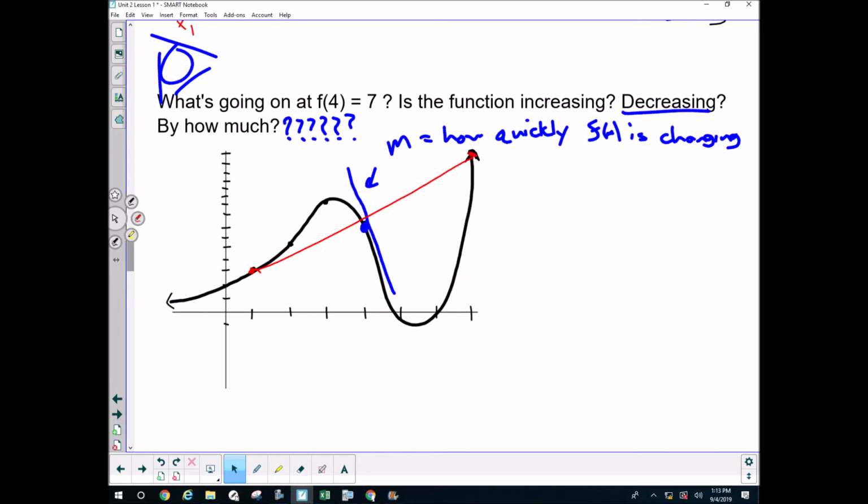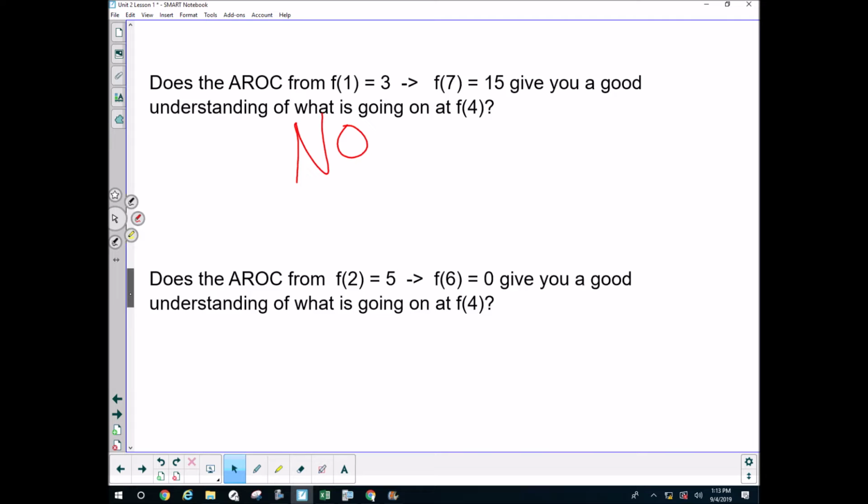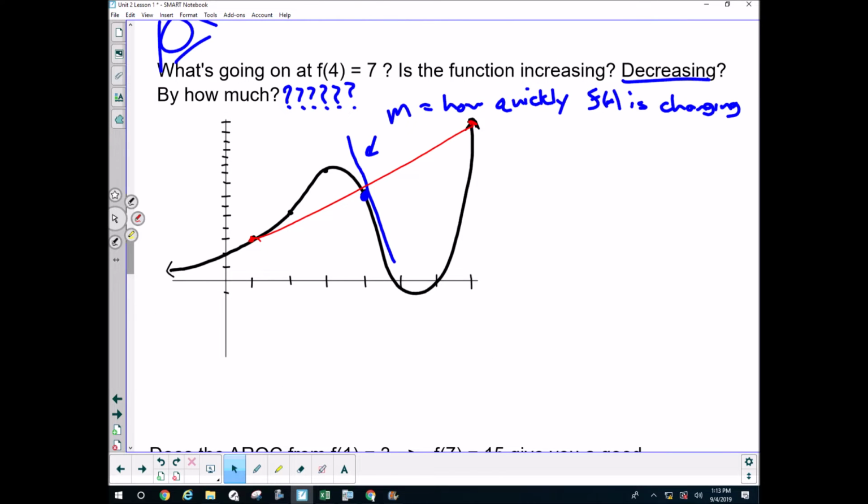But 4 is in the middle of 1 and 7. Well, what if I looked at the points (2,5) and (6,0)? If I use those points, is this a good approximation for that slope in blue? No. Still not good. But is it better than the one I just had? Yes.